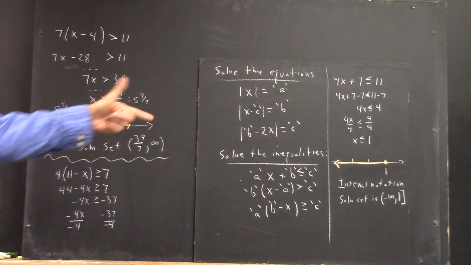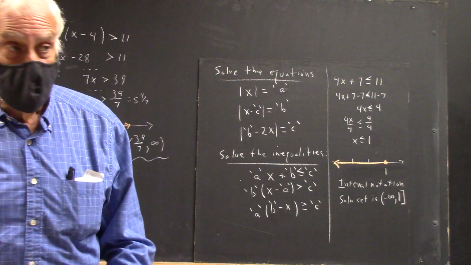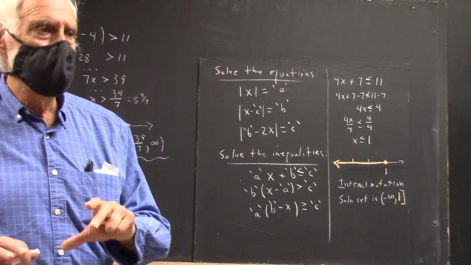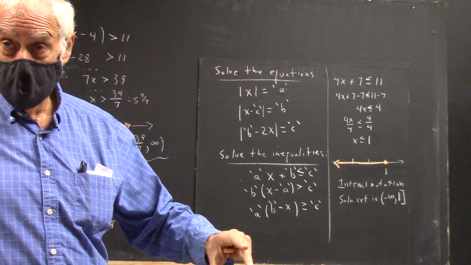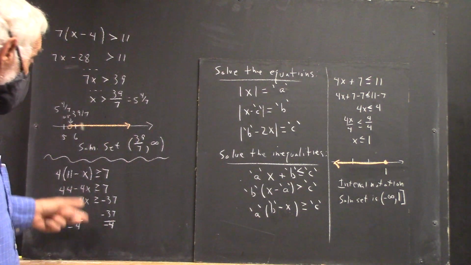Now everybody is doing those things right, except that not everybody is splitting absolute value inequalities or equations into 2. Okay? And not everybody is reversing the sign when they multiply or divide by a negative.